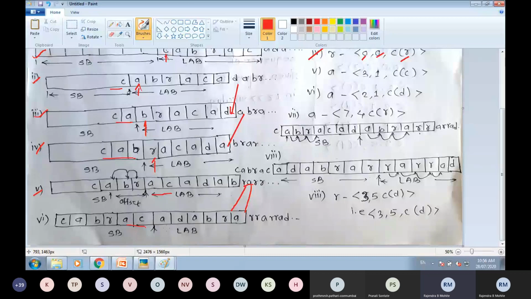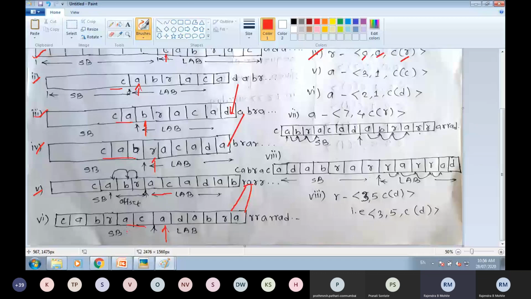So I am trying to find the match for this A. A is present at the second position, as well as at the fifth position.